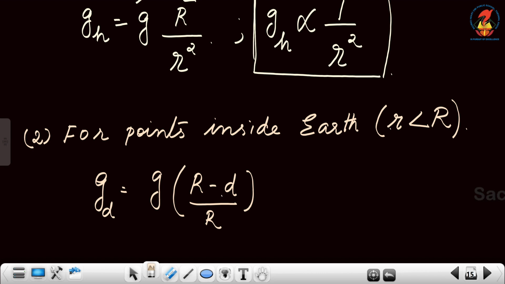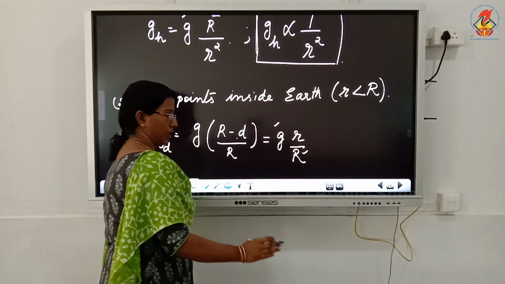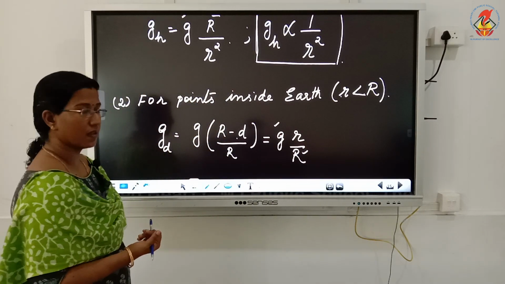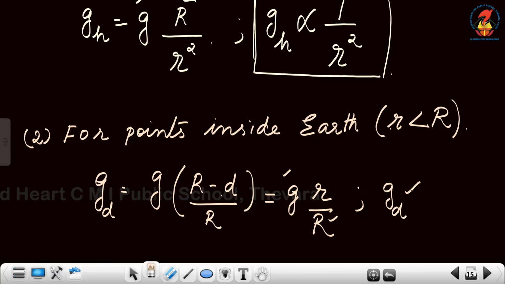This is actually small letter r. So this can be written as g r by R. As I told in the previous case, g and R are constant for a particular place on the surface of the earth. So we can write g_d proportional to r.